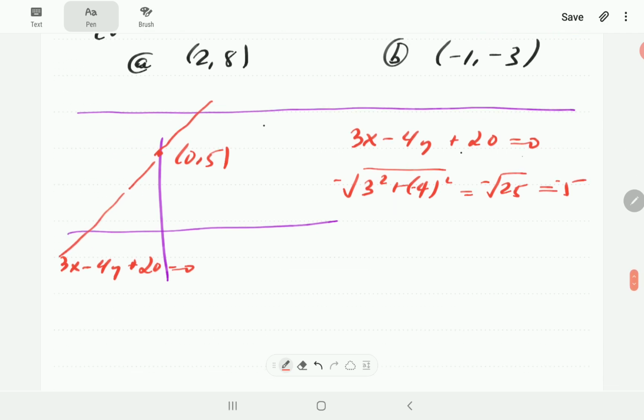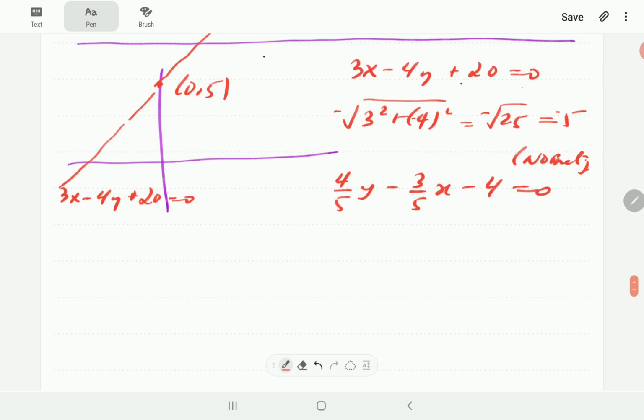So the normal form of this is obtained by simply dividing everything by negative 5. So that means we're going to have 4 over 5 y minus 3 over 5 x minus 20 over 5, which is 4. So this now is the normal form.